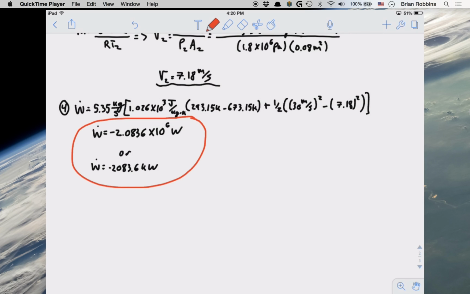So that is the amount of power that we have to put into our compressor, and keep in mind the negative sign denotes that the power is going into our system, so our sign convention works perfectly. So it physically makes sense why we have a negative sign. It's the amount of power that we have to put into our compressor in order to achieve the change of state from our inlet to our outlet.